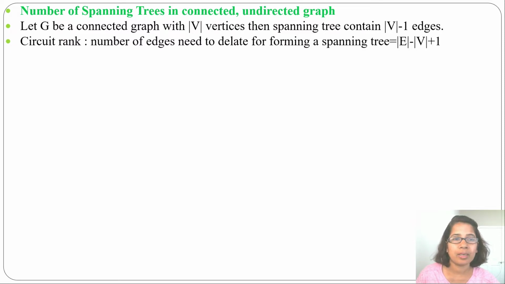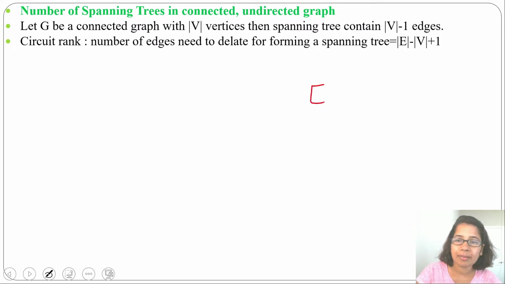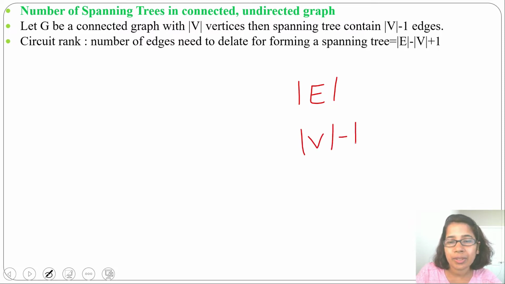Circuit rank: the number of edges we need to delete to form the spanning tree is called the circuit rank. Total edges available in the graph are E, and in a spanning tree the total number of edges is the number of vertices minus 1. So how many edges do we need to delete?